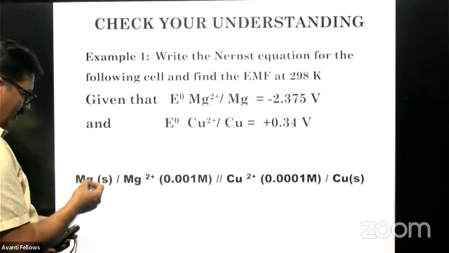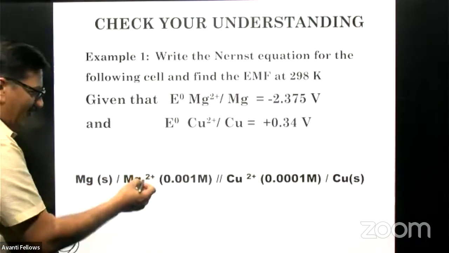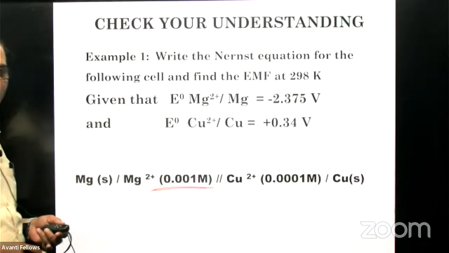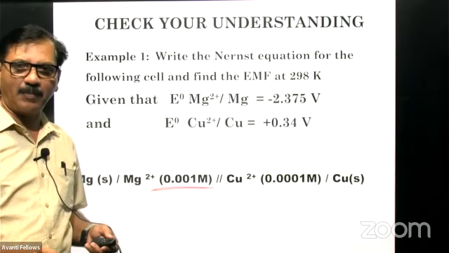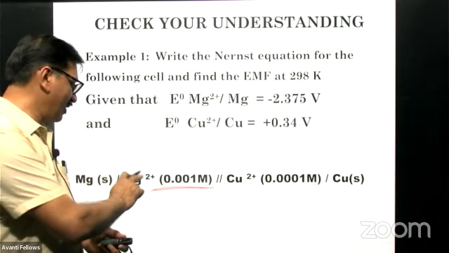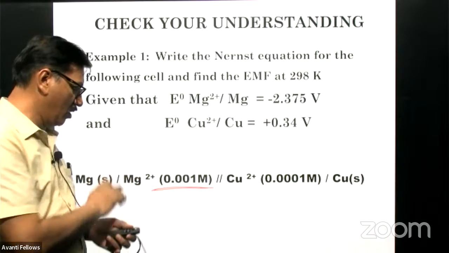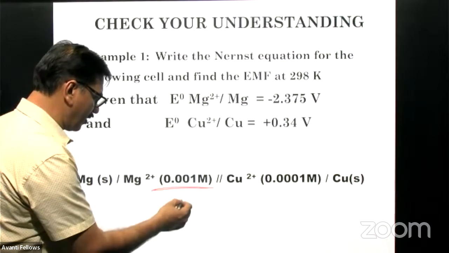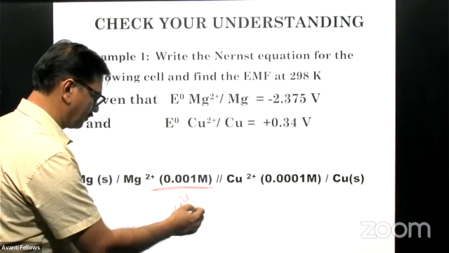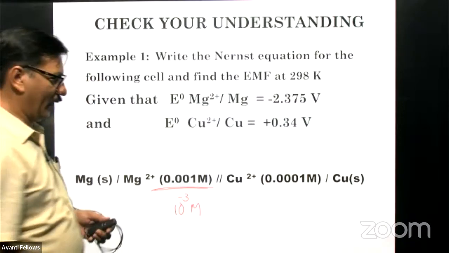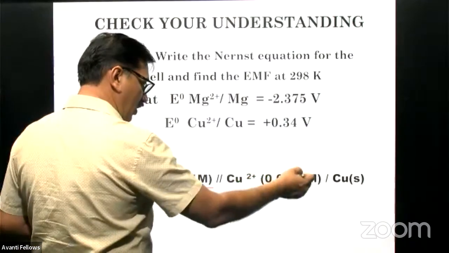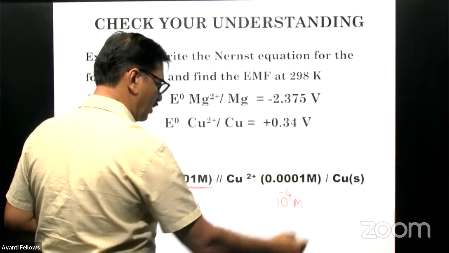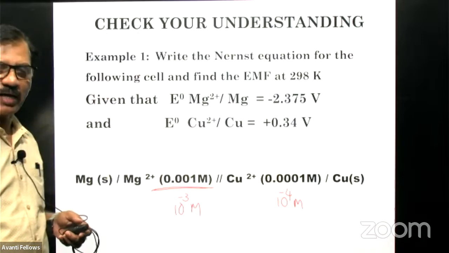Note here, they will give the information of the concentration in the cell representation itself. The concentration of the species Mg2 plus ion is 0.001 M, which can be written as 10 to the power minus 3 M, and it is 0.0001 M, that is 10 to the power minus 4 M. M stands for molarity.